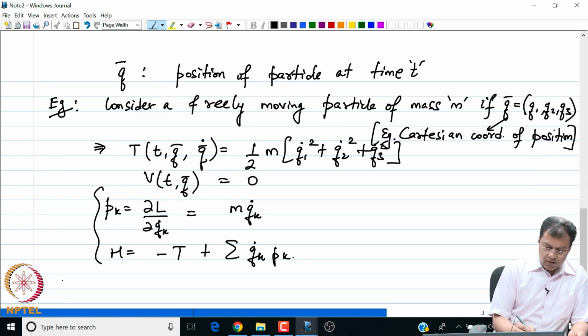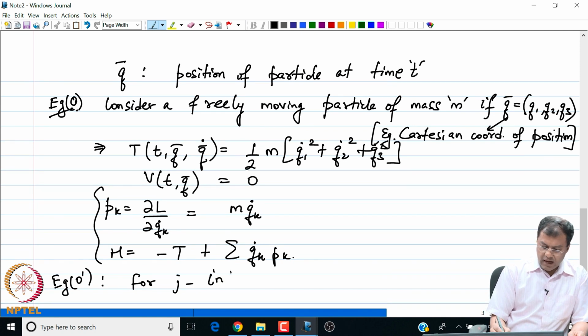Let me call this example 0, and we can extend this example for j identical particles. For j identical particles I can write down the same Hamiltonian.